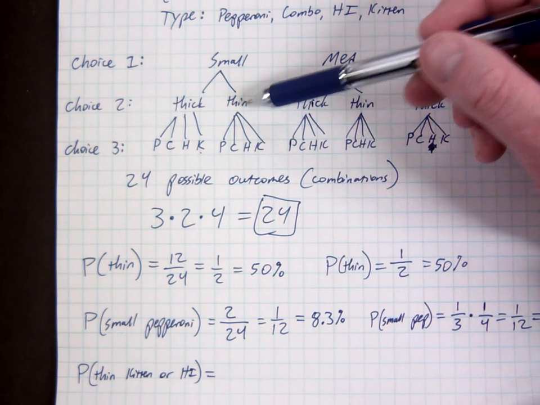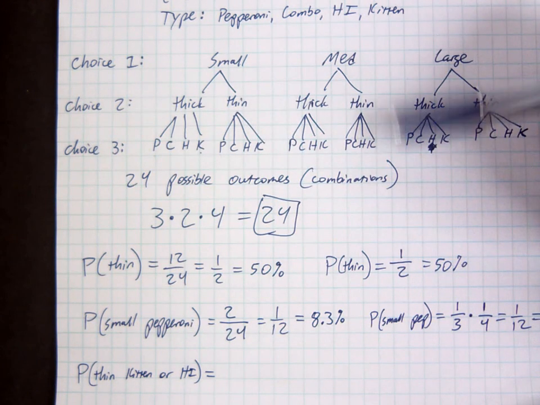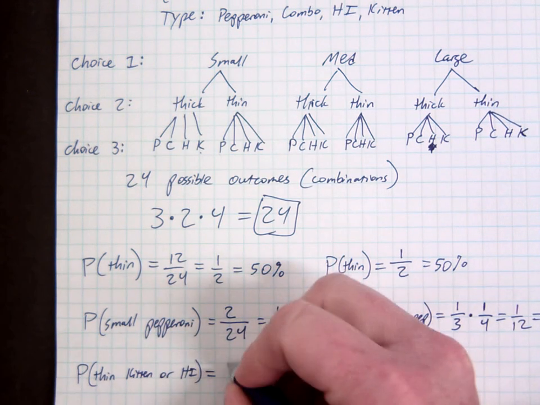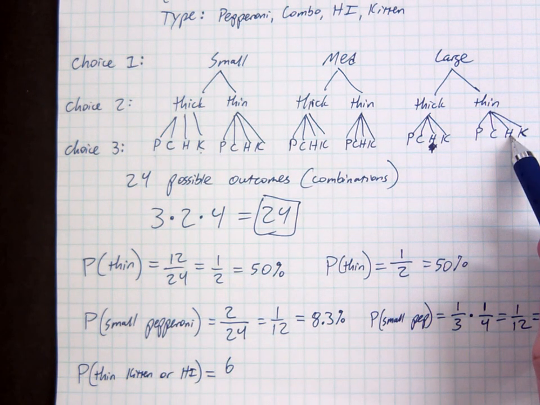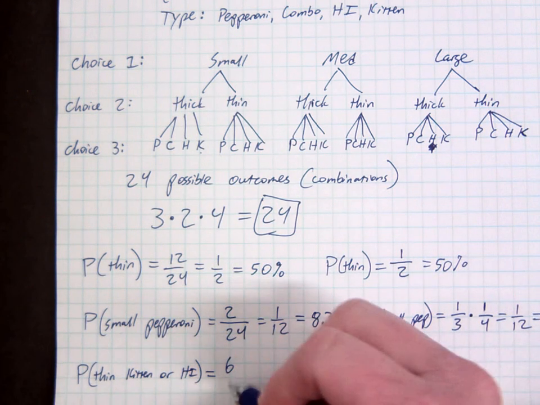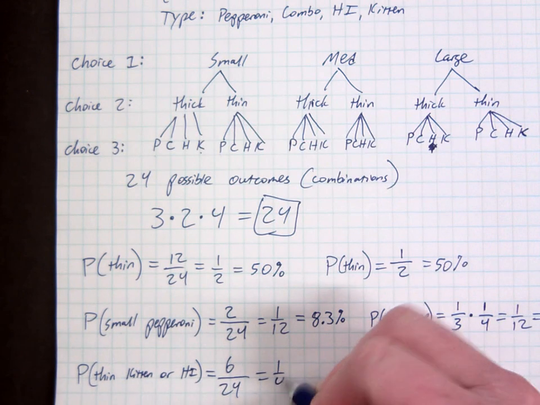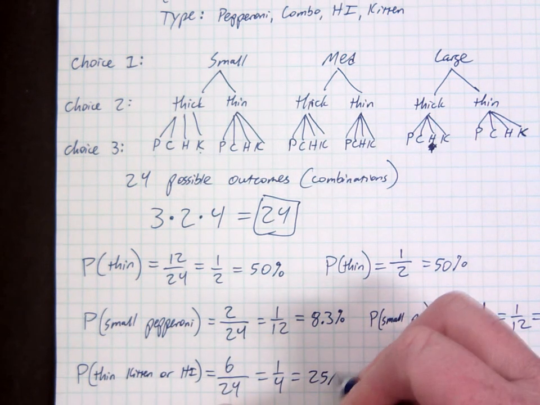So thin crust kitten or Hawaiian, there's 2 here. 1, 2. There's 2 here, 3, 4, and there's 2 here, 5, 6. There are 6 total pizzas that are either kitten or Hawaiian and are thin crust. So 6 out of 24, that's a 1 out of 4 chance when you simplify it, or 25%.